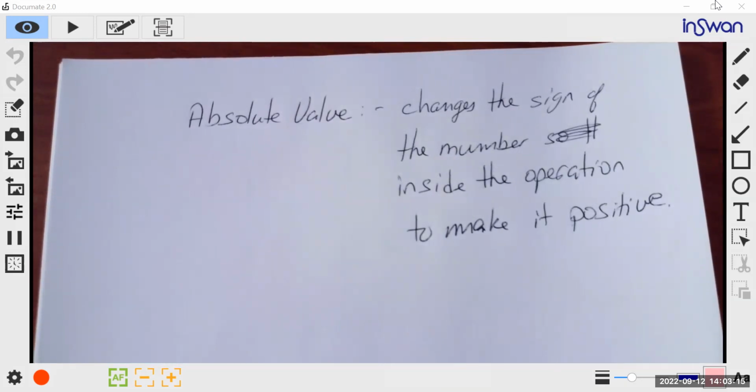A perfect example. So it changes the sign of the number inside the operation, so it's always positive.